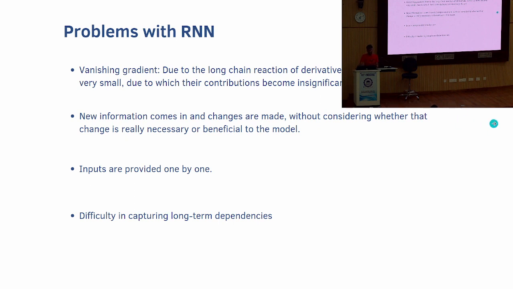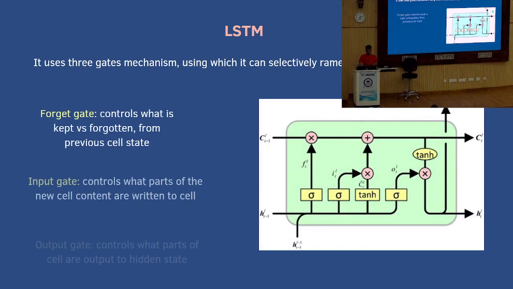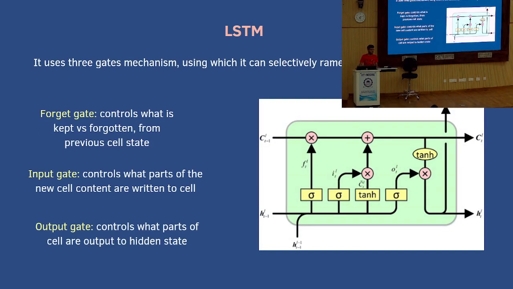To overcome that, we have the next model, which is known as LSTM. LSTM stands for long short-term memory. This is the LSTM cell, and it consists of different gates. I will tell you about three main gates. First is the input gate. It controls the access of information to the cell, monitoring what information goes into the cell.